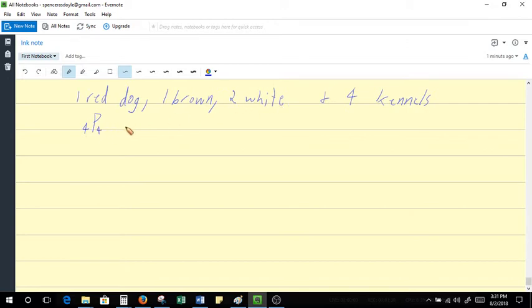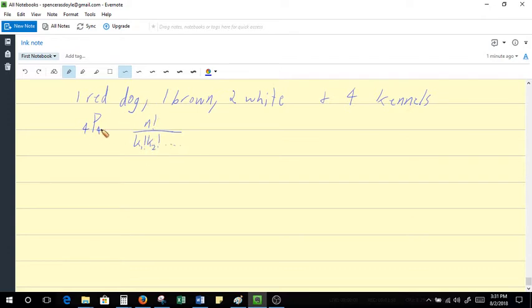However, there are duplicates. So if we're going to look at this, there is n factorial over k1 factorial, k2 factorial, etc. And that's our permutation formula for when we have duplicates in our choices.